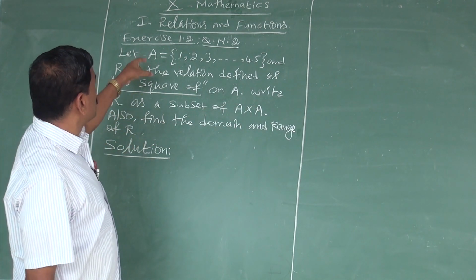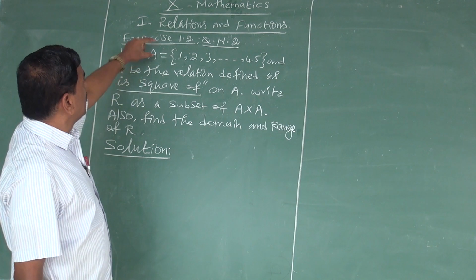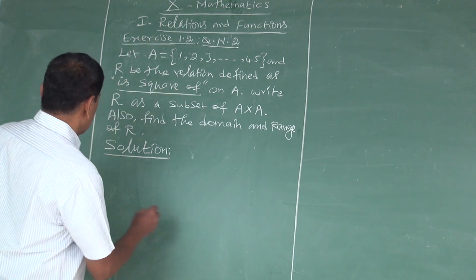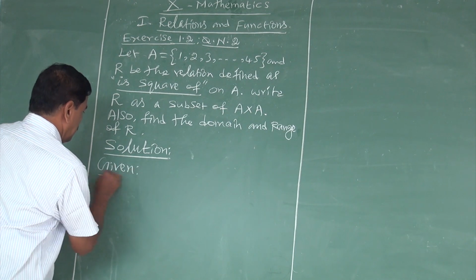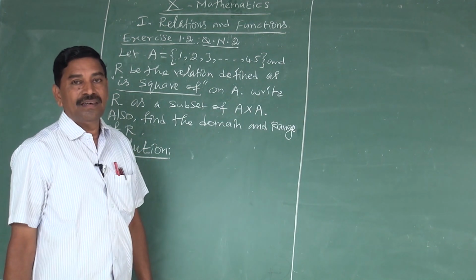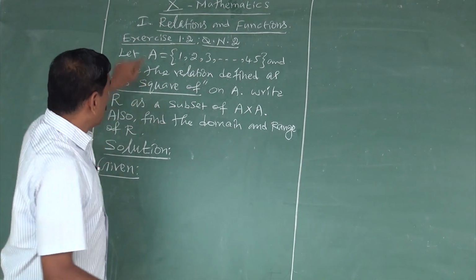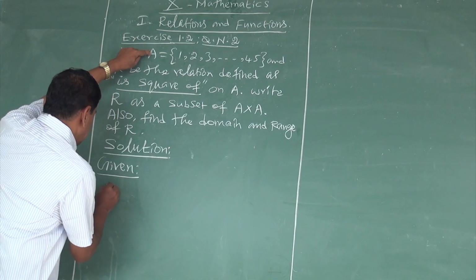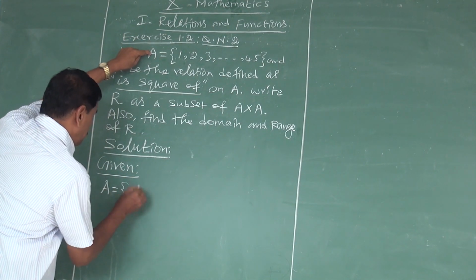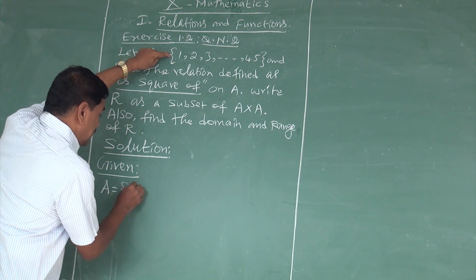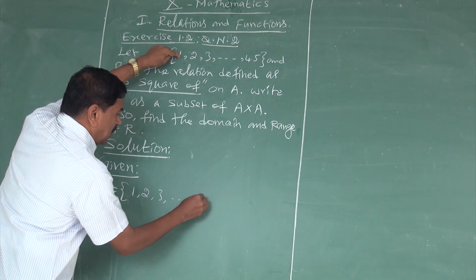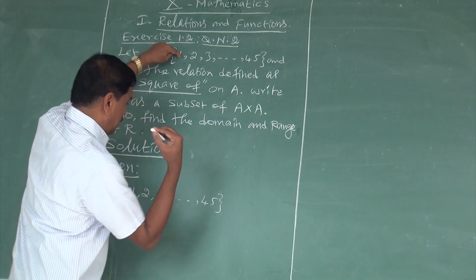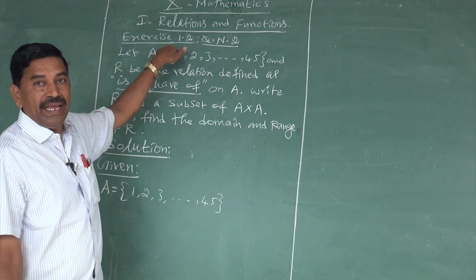To solve the sum, first let us take what is given. Can you tell me what is given? A is equal to the set with elements 1, 2, 3, 4, 5. Next, any other given data?